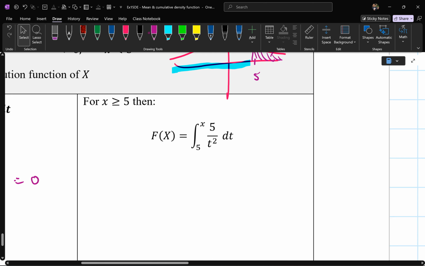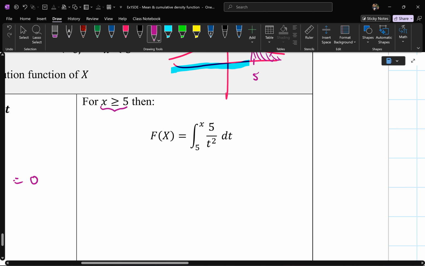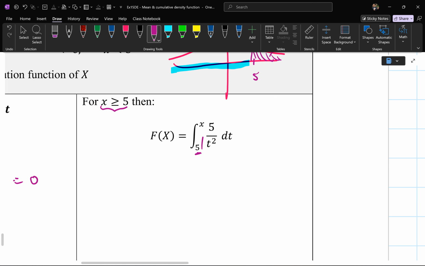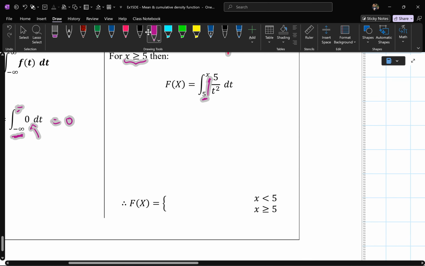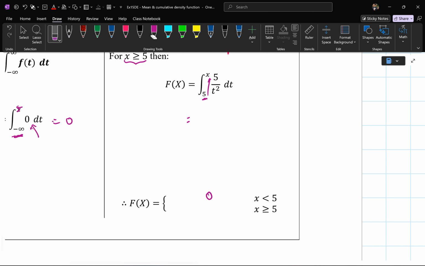Whereas for x greater than or equal to 5, the area must be starting from 5 up until x of your 5 over t squared, in this case the function of t, just so that you can write the variable capital F of capital X. And you can see that this was pretty easy. This was just 0 for less than 5, and all you have to do now is integrate this one.